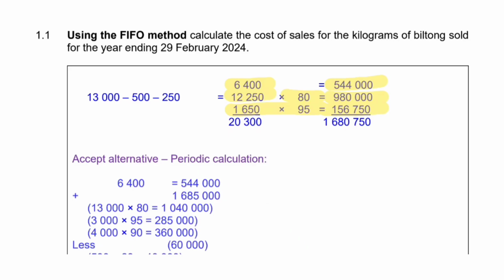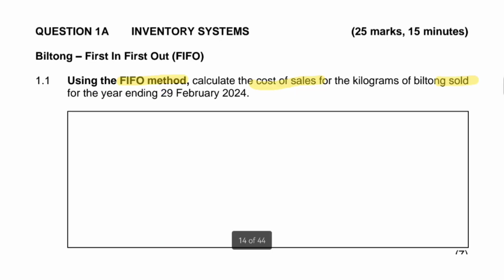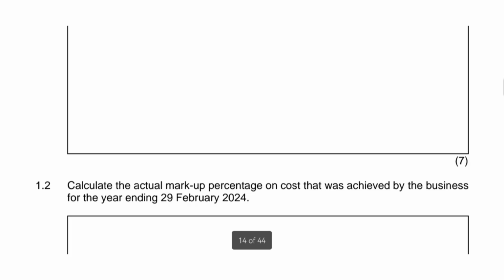In total, the 20,300 kg of biltong that we sold cost us 1,680,750 rands.